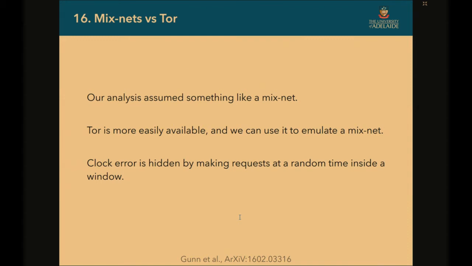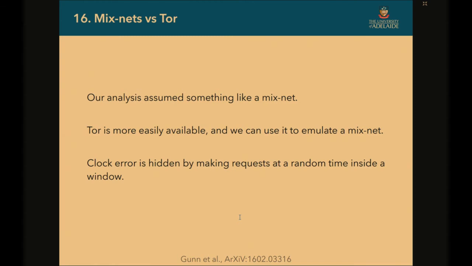Now, there are correlation attacks which you can't really deal with so easily, but one of the important things is if you just make a request to a server through Tor every 10 minutes, any attacker that's paying attention will notice, well, this guy's clock is 2 minutes slow, this guy's clock is 2 minutes fast, and this guy's clock is right on time, and we'll just look at the requests that come 10 minutes apart. They're obviously the same person.